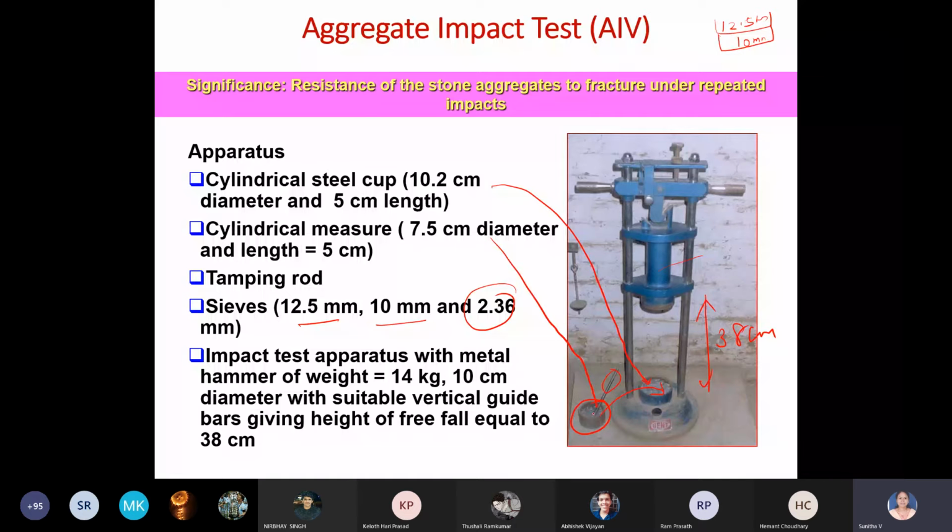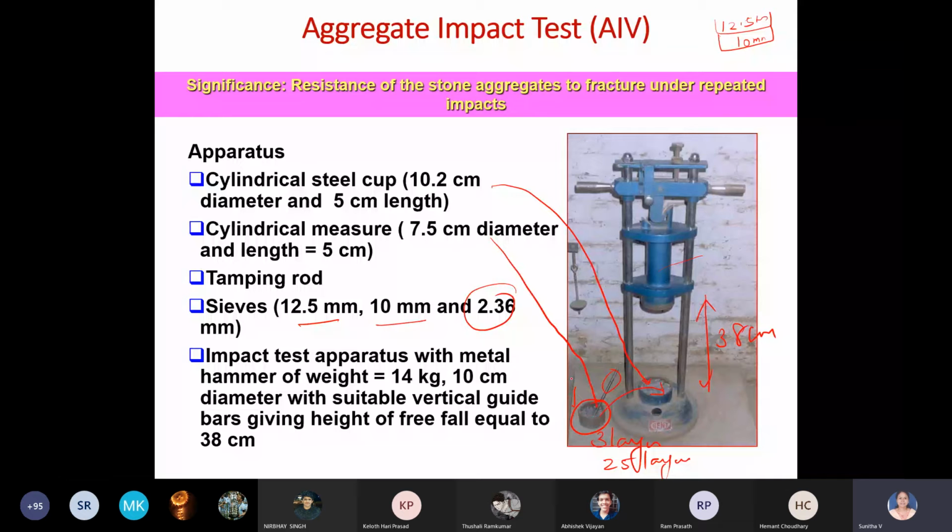Then take the weight and fill this cylindrical measure in 3 layers. Each layer you have to give 25 blows. The procedure I will include in this slide anyway. So you give 25 blows for each of these 3 layers with this tamping rod.